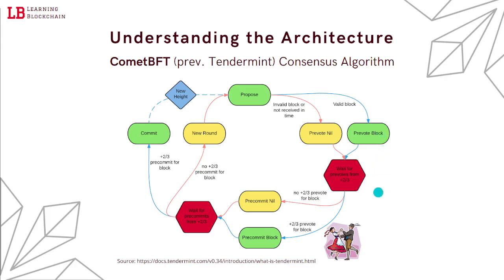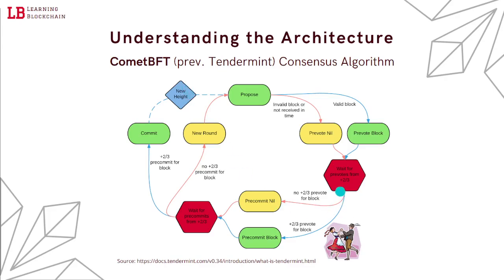Once we reach more than 2/3 of those pre-votes, we get into the pre-commit stage, where each of the validators pre-commits the block, depending on whether they find it to be valid or not. And once we reach more than 2/3 of the pre-commits, we commit the new block and we create a new height, and that's how a block is created in this kind of chain.